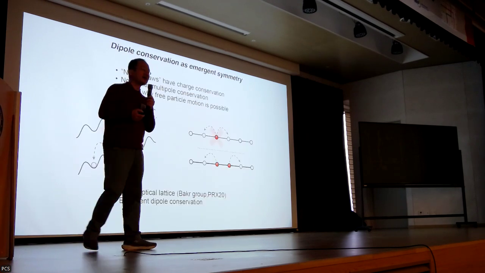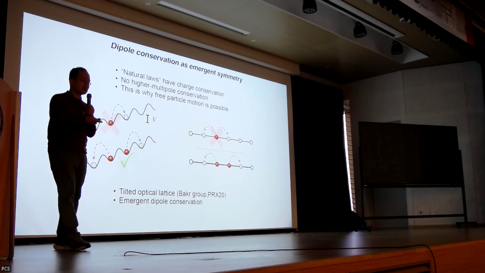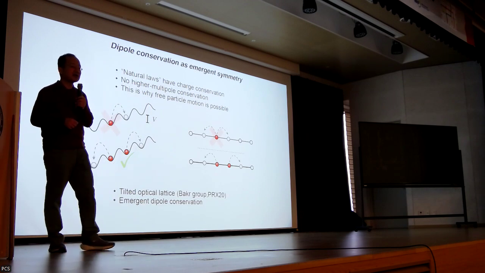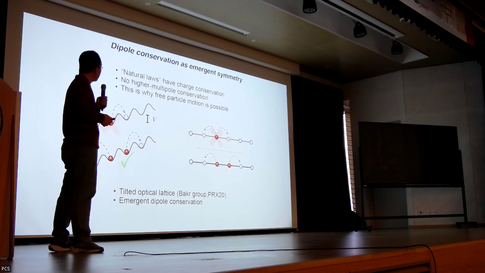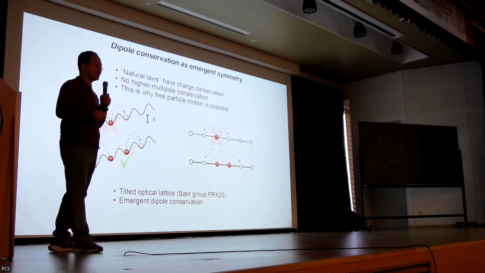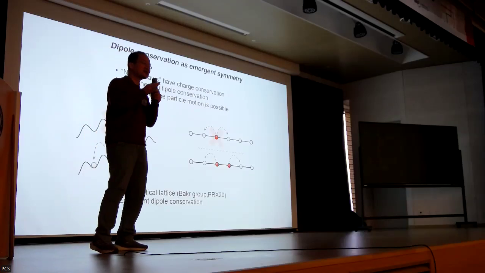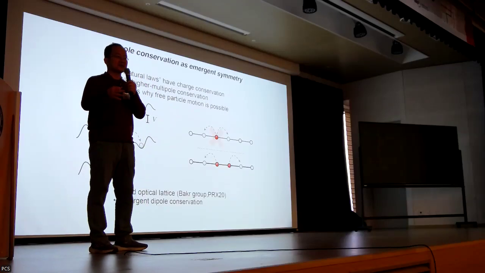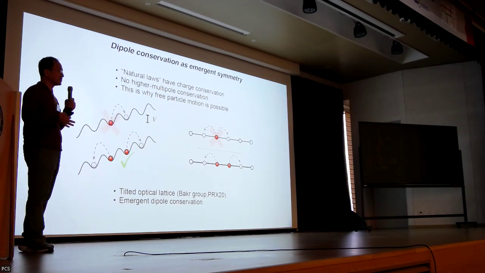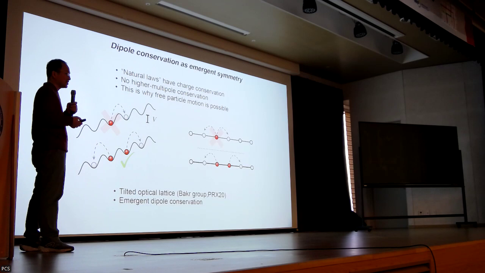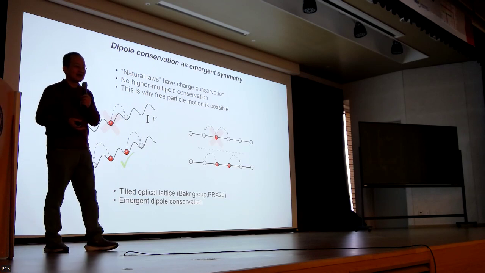So as already mentioned in two of the previous talks this morning, the motivation for studying this dipole symmetry, which doesn't really exist in nature per se, but could exist in some artificial systems, such as an optical lattice.